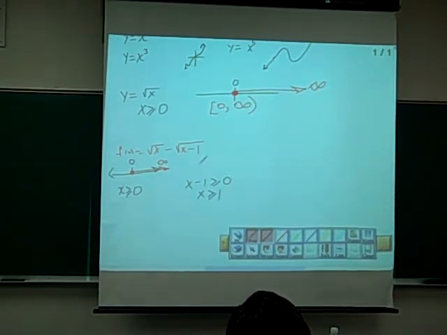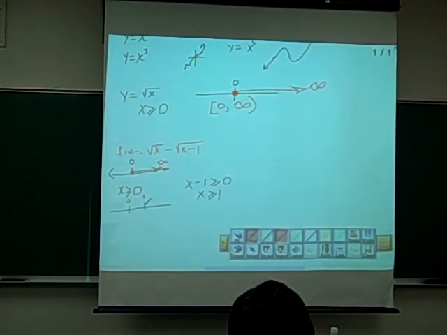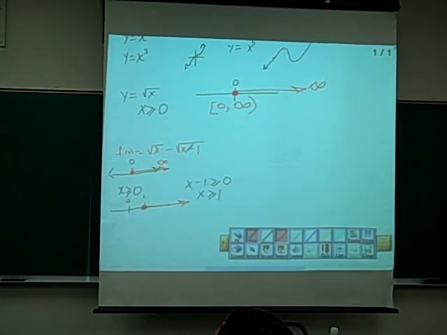If we draw it underneath here, here's 0, here's 1. You cannot have anything less than 1. Why? What if you have 0 in here for x?